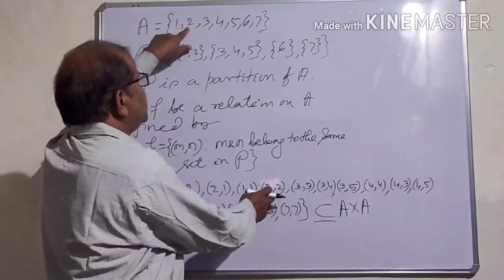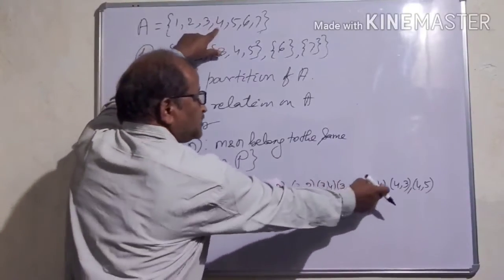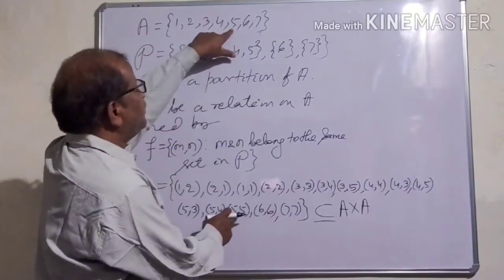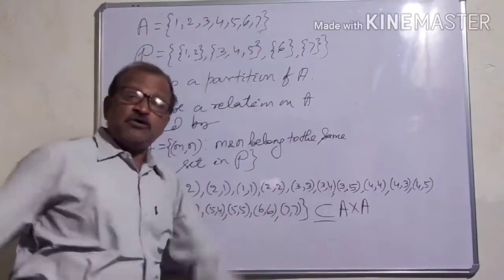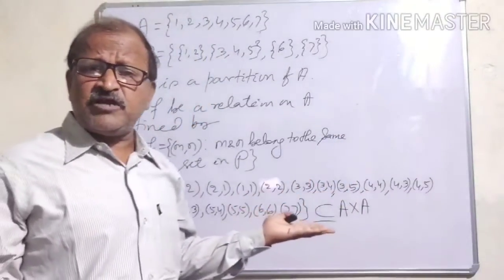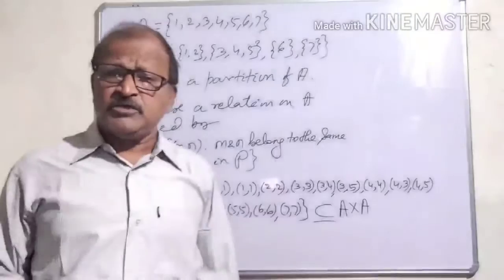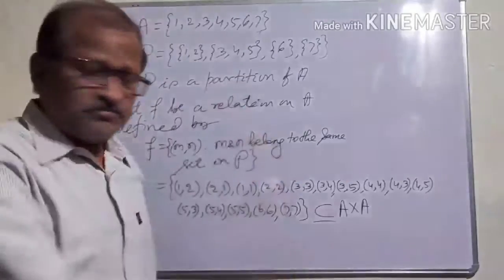Yes, 2 is related to 2. 3 is related to 3. 4 is related to 4. 5 is related to 5. 6 is related to 6. 7 is related to 7. So, yes, each element of A is related to itself through the relation F. So F is reflexive.